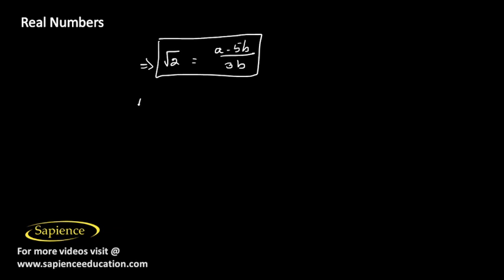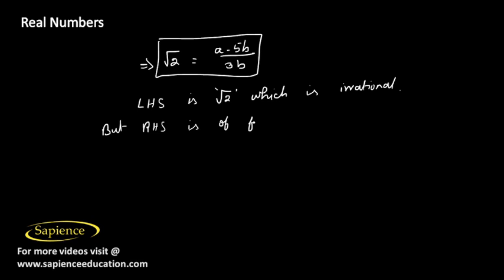Now in this equation, left hand side is root 2, which is irrational. But the right hand side is of the form p by q, and hence the right hand side is rational.